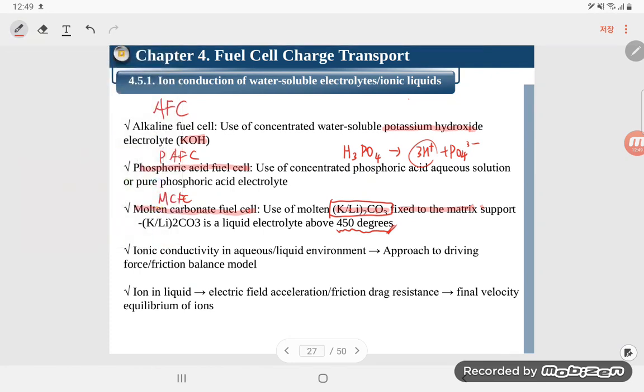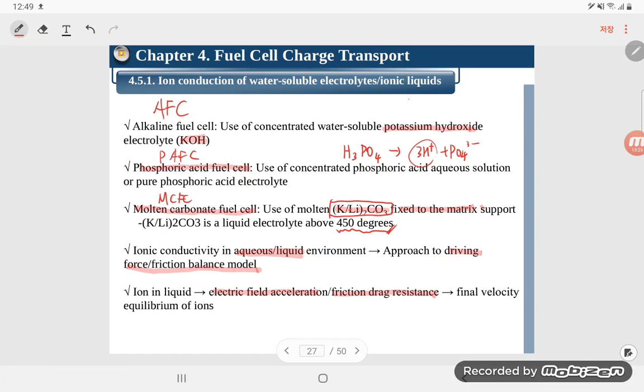And ion conductivity in an aqueous or liquid environment, approached through driving force. The driving force over friction balance model explains the ion conductivity. In the aqueous and liquid environment, for an ion in liquid, the driving force is the electrical acceleration, and the resistance is the friction or drag resistance.